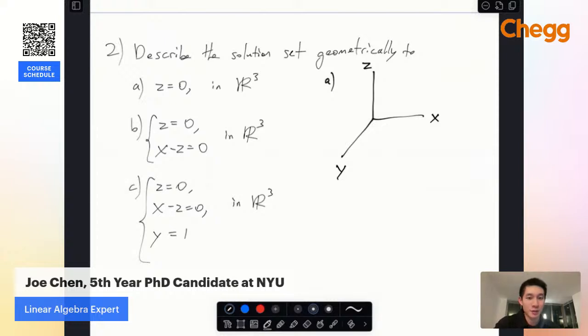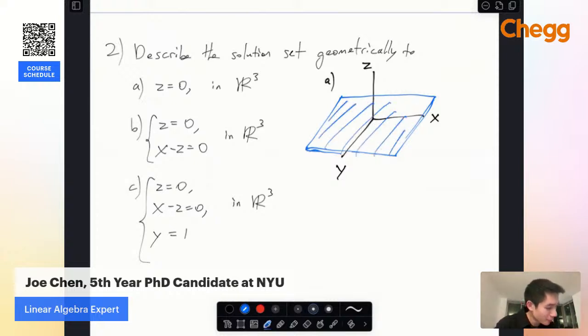So z equals 0 will be the whole plane, if you imagine this is like drawn on a table or something, this will be like the whole flat plane that I've tried to draw in blue here. And so actually the point I want to emphasize here is we started in R3 and we have one equation.